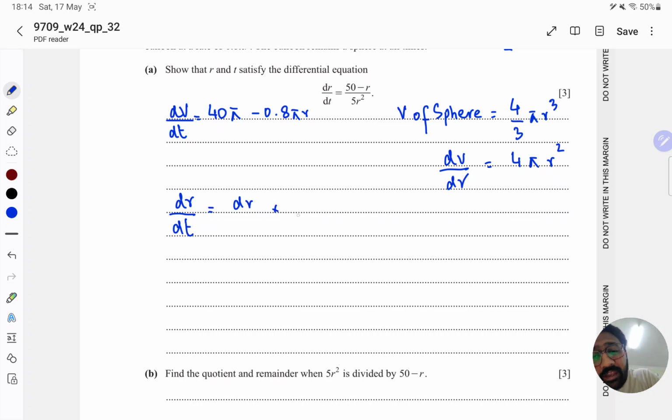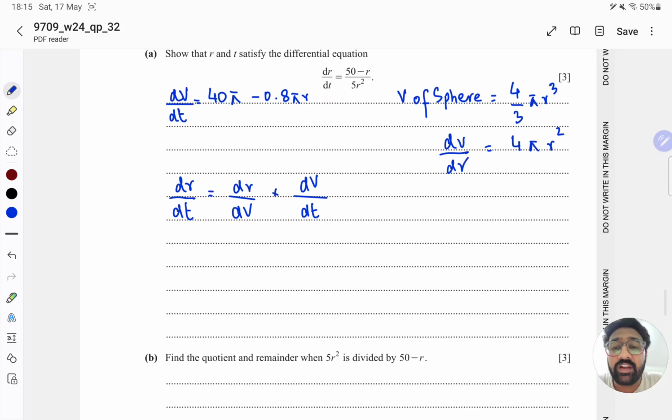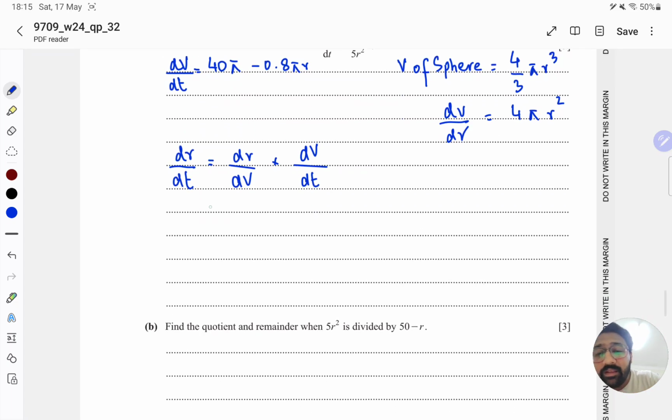So dr over dV followed by dV over dt. Now I already have dV over dt, and dr over dV I'll flip, so it will become 1 over 4 pi r squared multiplied by 40 pi minus 0.8 pi r.